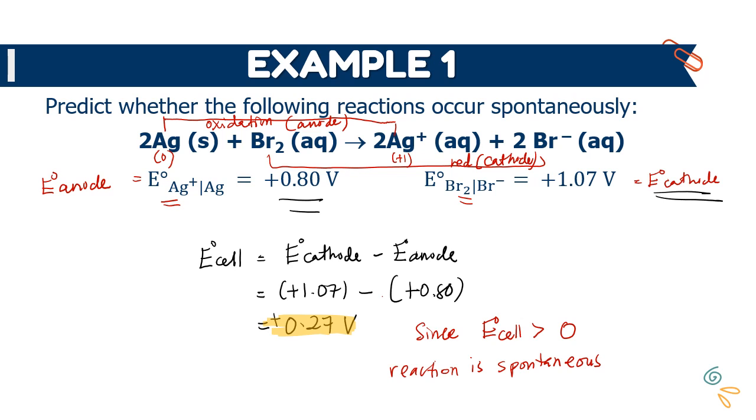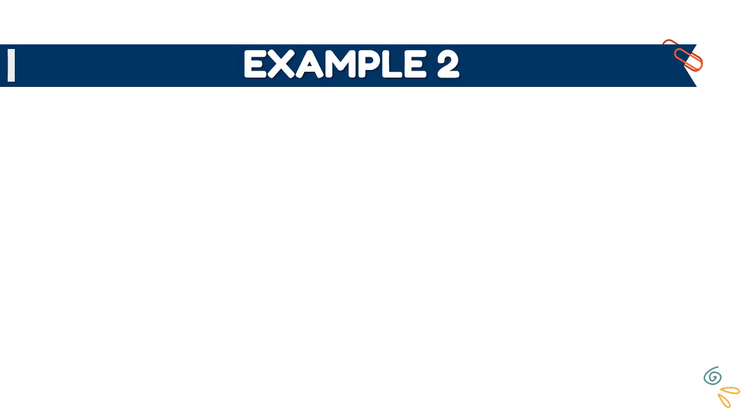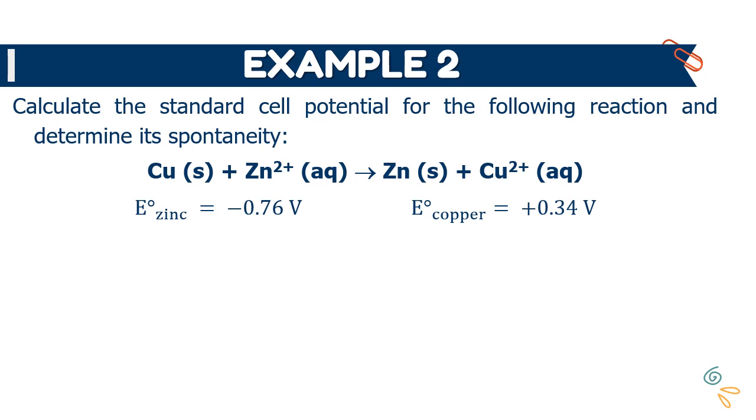Will there be any equation with a non-spontaneous reaction? Yes. So that's why I prepared for you the second example. Example 2. Calculate the standard cell potential for the following reaction and determine its spontaneity. The same step that you will do: find which one is your anode and which one is your cathode.